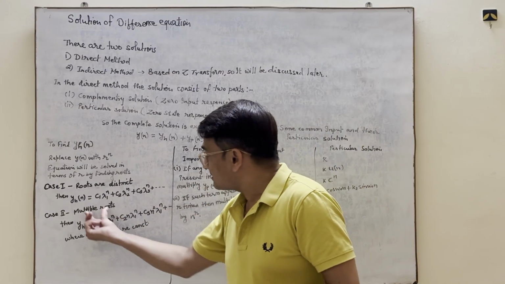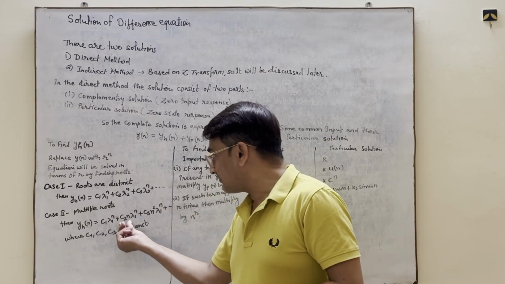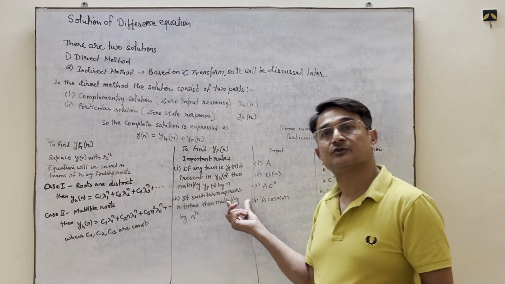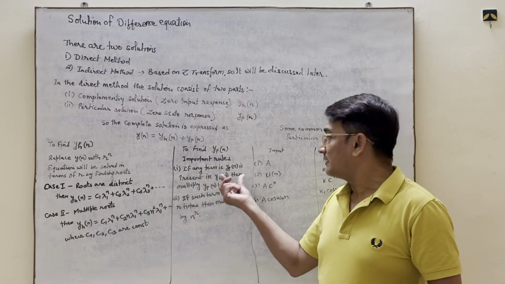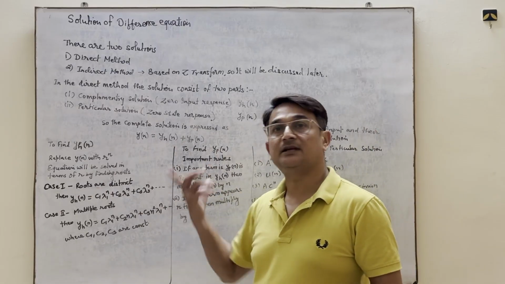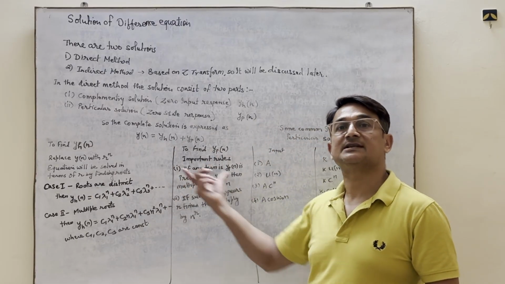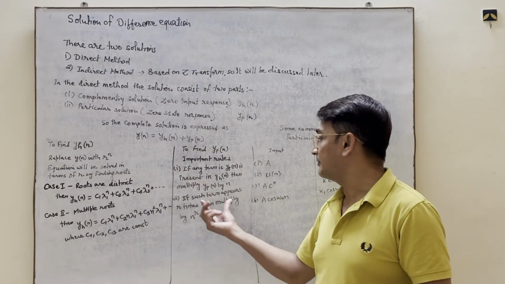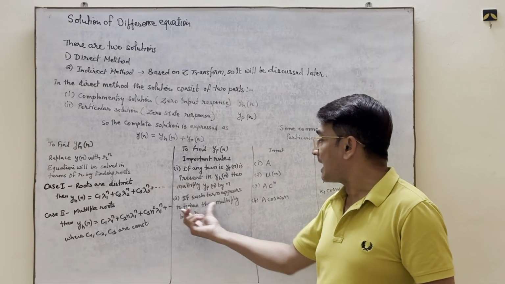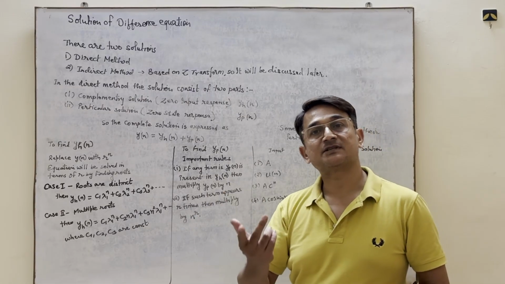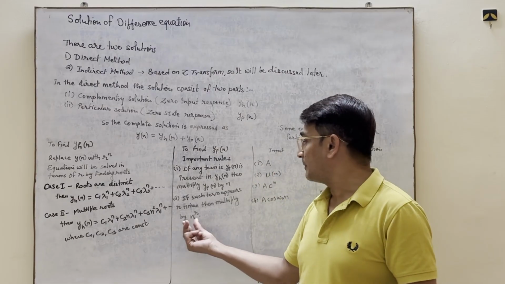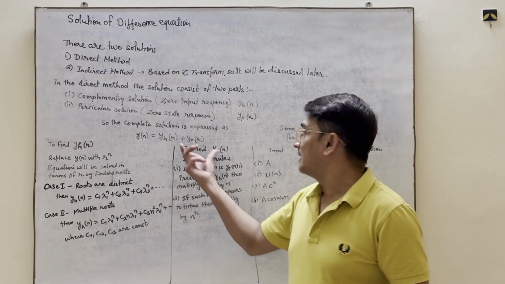Just as in the case of multiple roots where we multiplied with n, here also we multiply the particular solution by n. If such a term appears r times, then multiply by n to the power r. Suppose the term is coming twice, then you have to multiply it with n square.